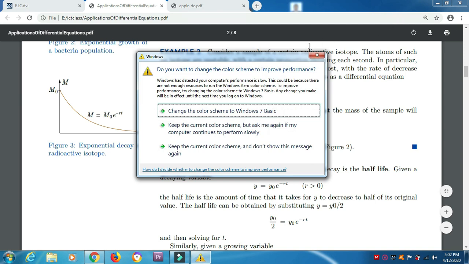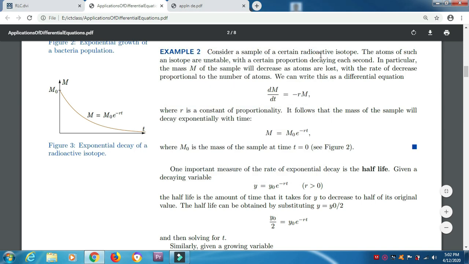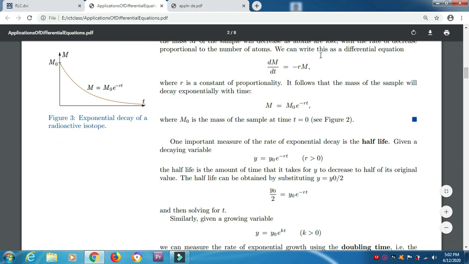So, the doubling time of a system. First, half-life. What is half-life? The rate of exponential decay is measured by the half-life. Given a decaying variable y equal to y naught into e power minus rt, where r greater than 0, because r equal to modulus of k, that is a positive number. Here we consider y equal to y naught by 2, where y naught is the initial state.